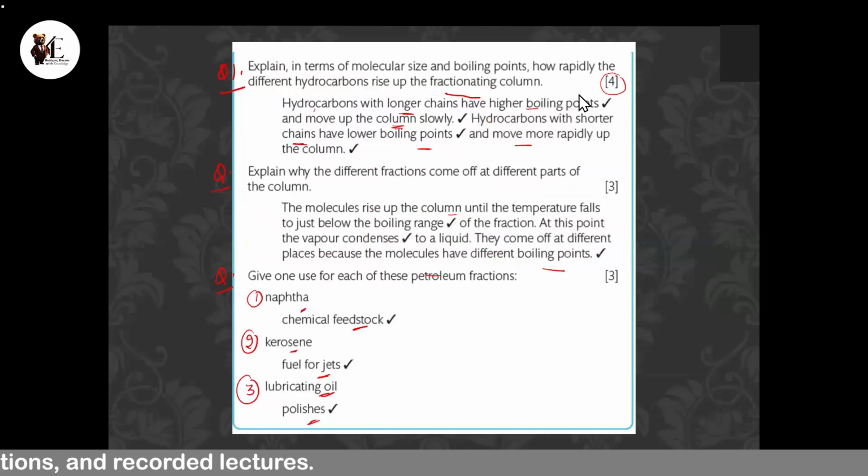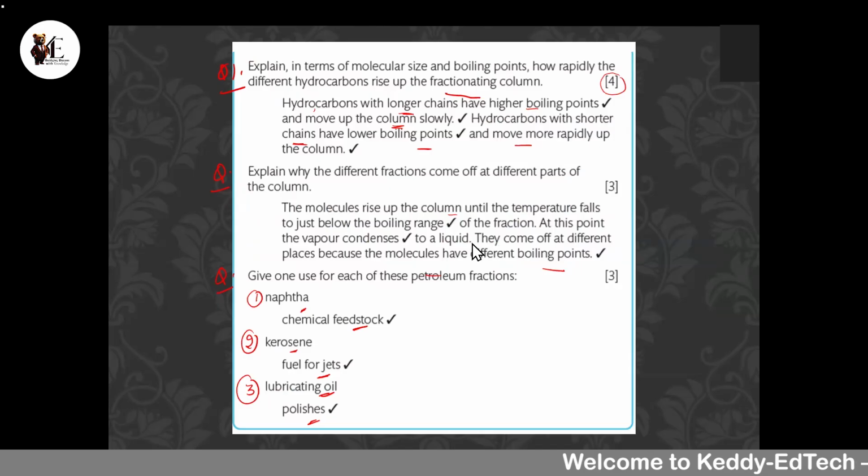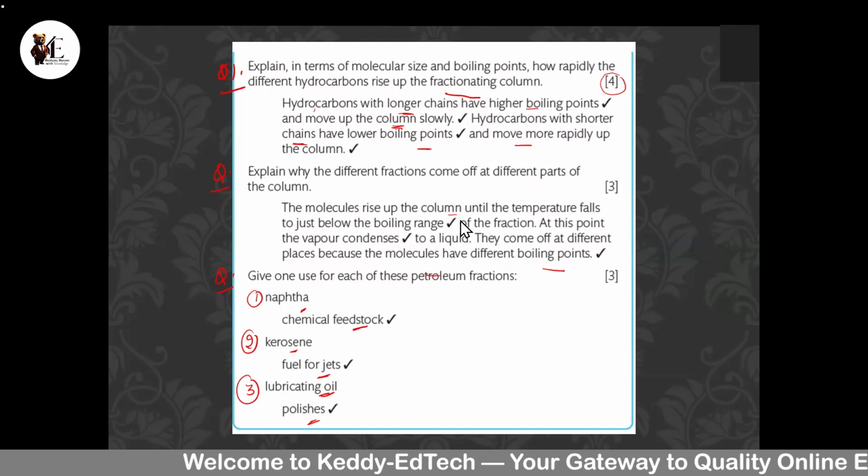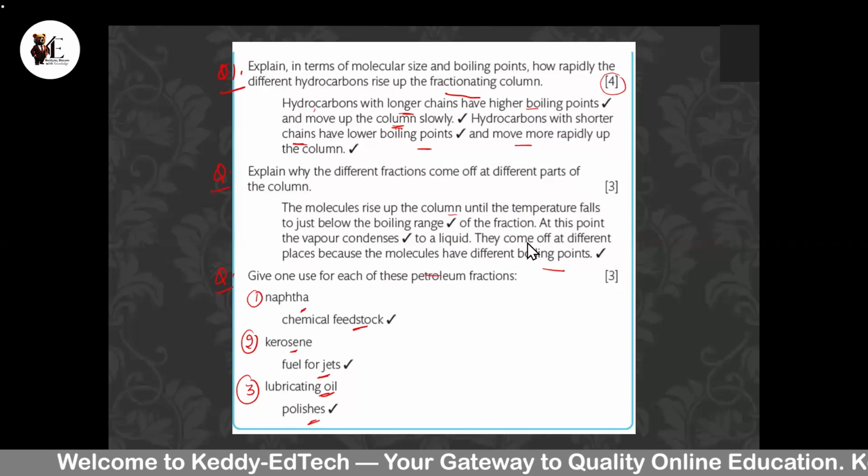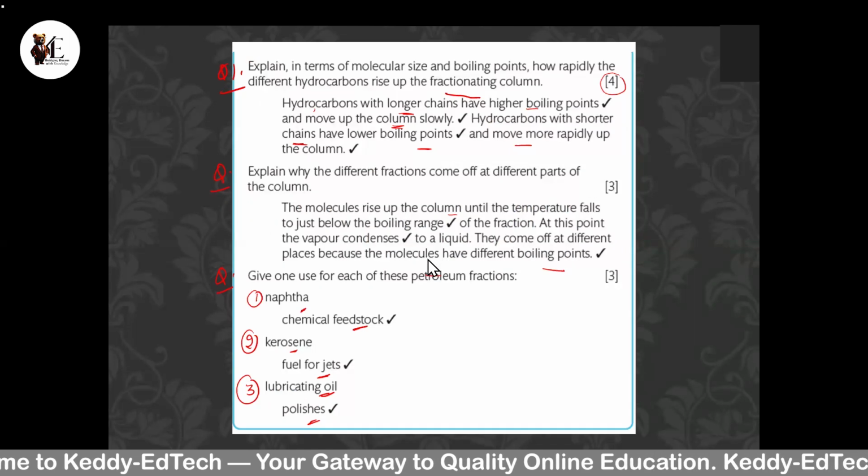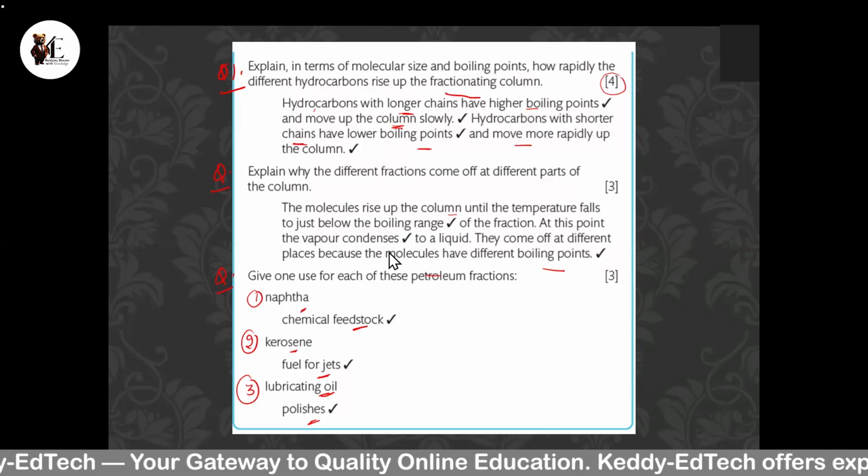So the reason is that molecules rise up the column from downwards where the crude oil enters until the temperature falls to just below the boiling range of the fraction. Whatever the boiling range is of the fraction, whenever the temperature falls to just below it, at this point the vapor condenses to a liquid.